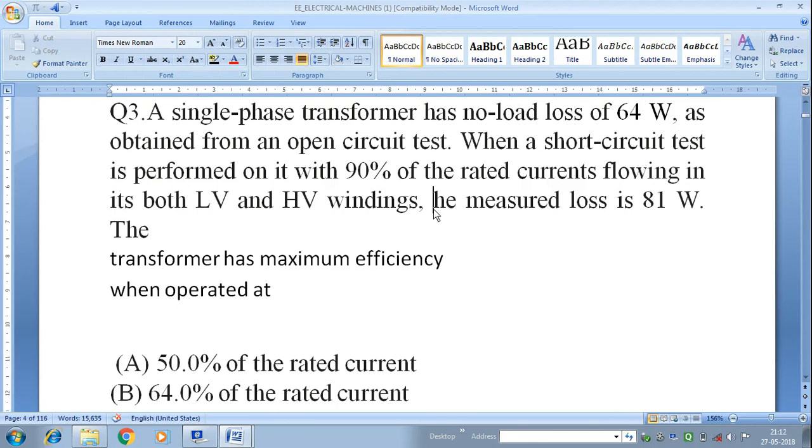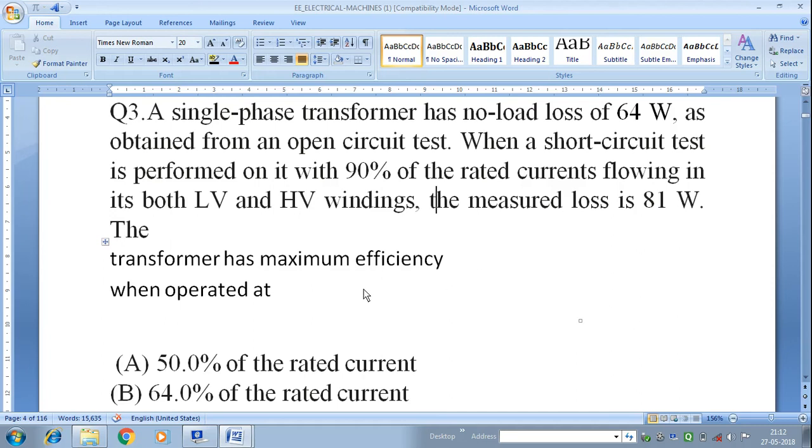The measured loss is 81 watt. So in case of short circuit test, we are getting the copper loss, that is your 81 watt.